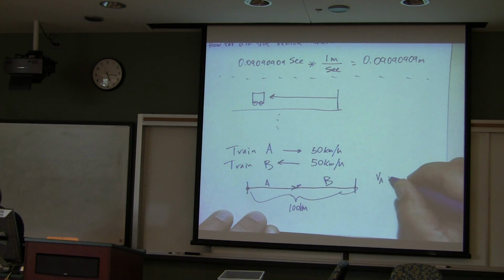So our formula here is going to be the velocity of A times t plus the velocity of B times t is equal to our distance.